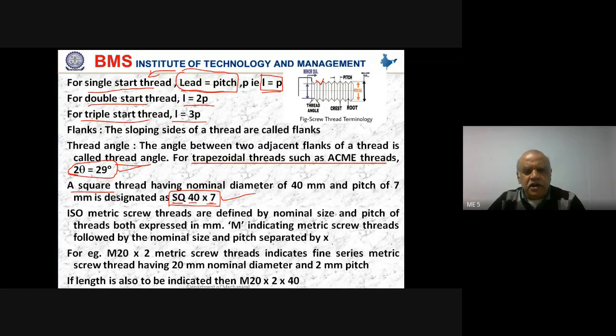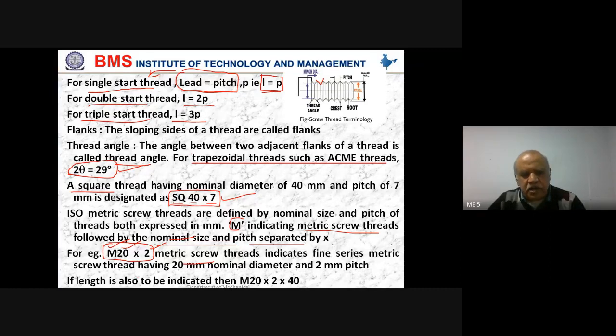For a metric thread, it will be preceded by the letter M, indicating that it is a metric screw thread, followed by the nominal size and pitch separated by a multiplication mark. That is, M20 by 2 is a metric screw with 20 mm nominal diameter and a pitch of 2 millimeter.